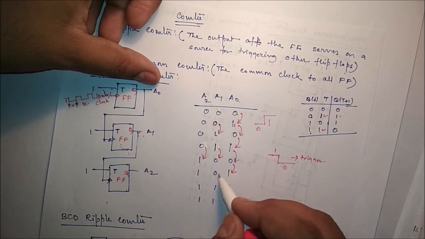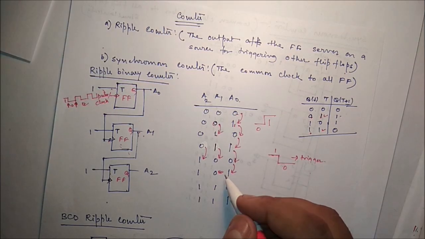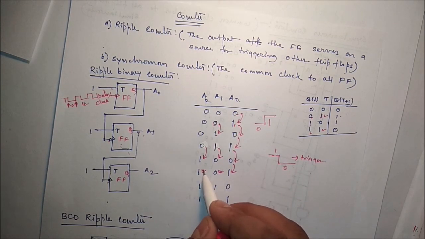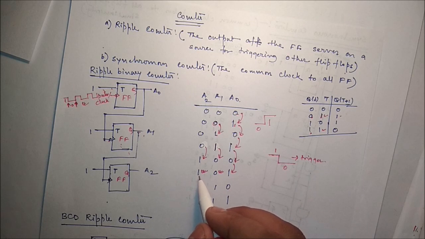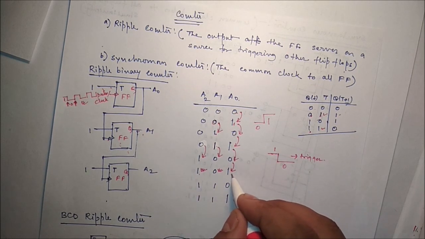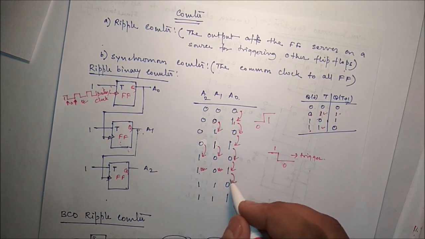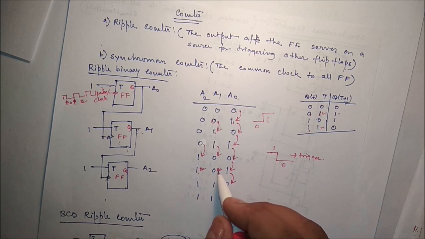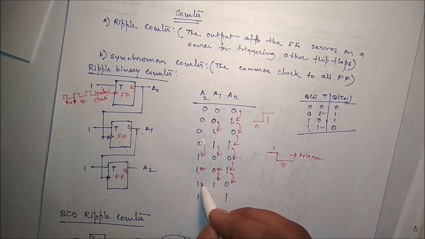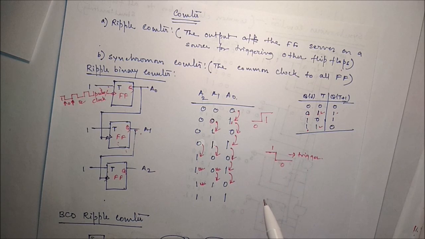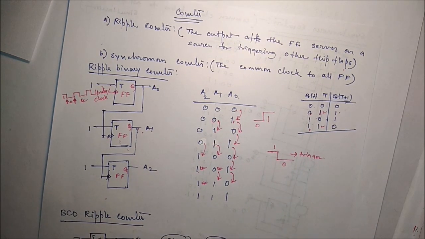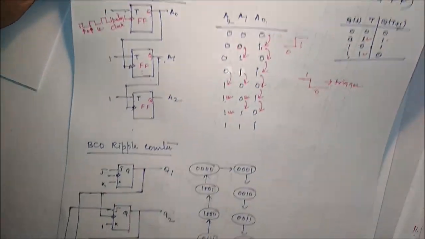Since it is a positive edge, it will not change the content of this flip-flop, and since the state is the same, it will not change the content of the third flip-flop either. But if it is 1 to 0, since it is a negative edge flip-flop, it will change the content of this. Now it is 0 to 1, but since it is a positive edge, it will not change the content of the third flip-flop. And so on. This is the ripple binary counter.